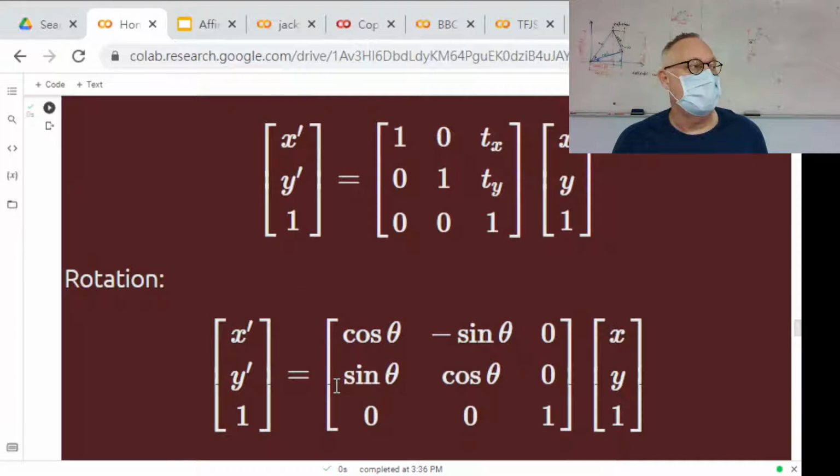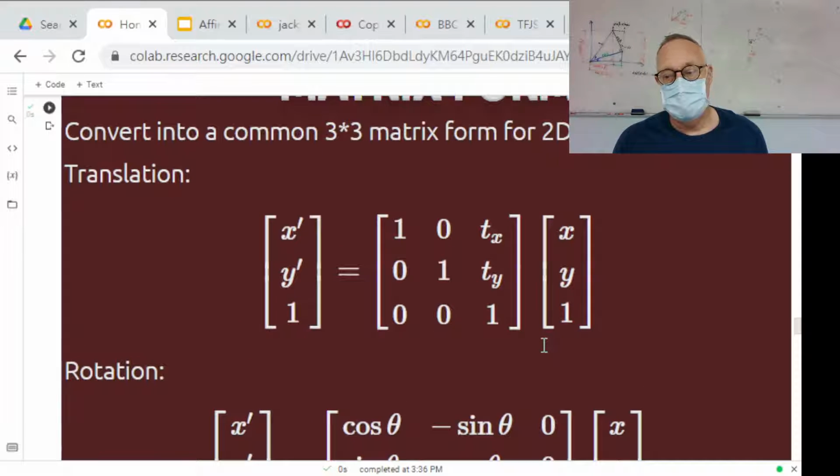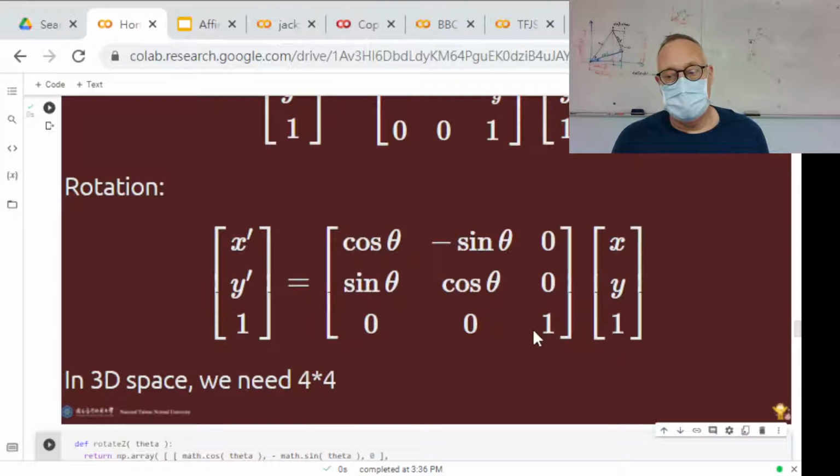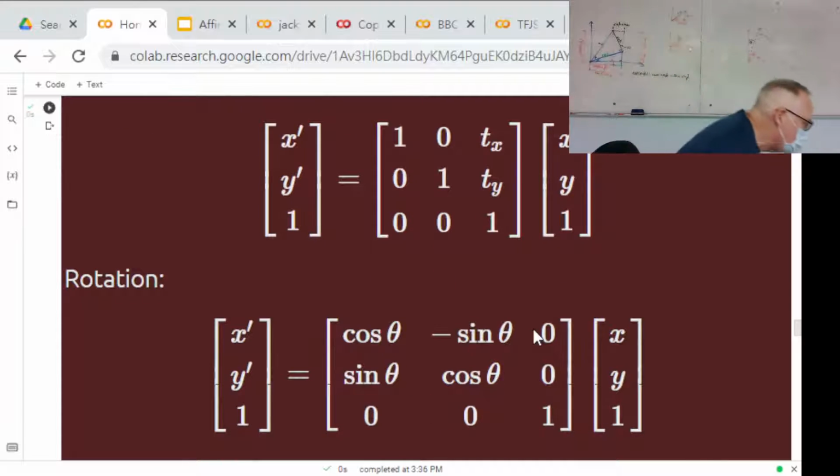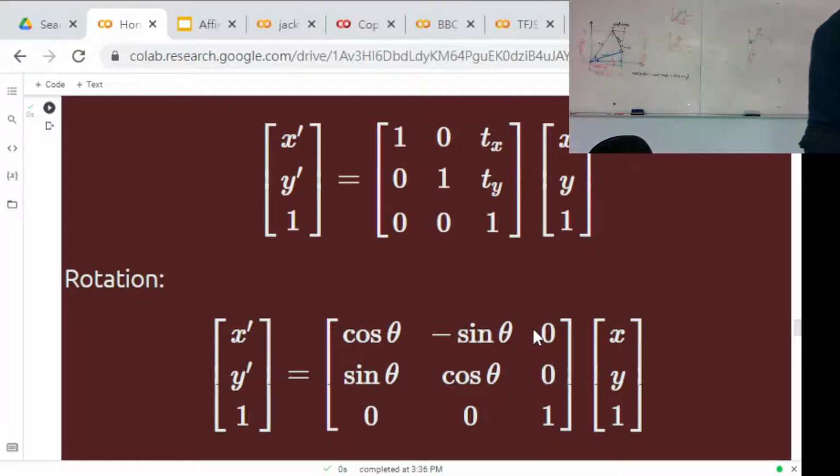I simply add an extra 0, 0, 1 there, and a 1 constant. And that gives me a common representation. Now I can do either translation or rotation. I can represent both, translations or rotations.